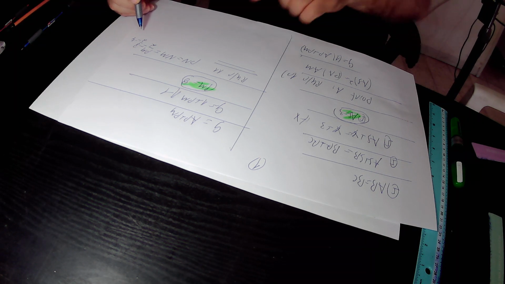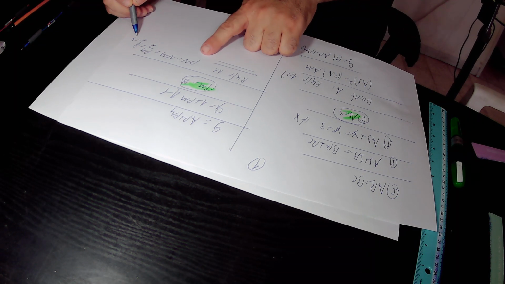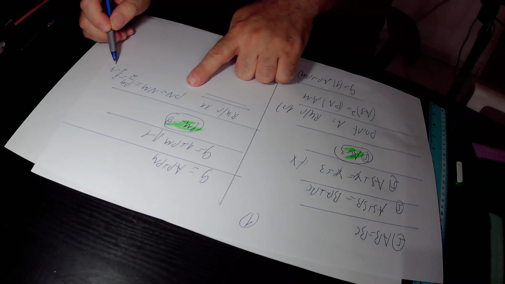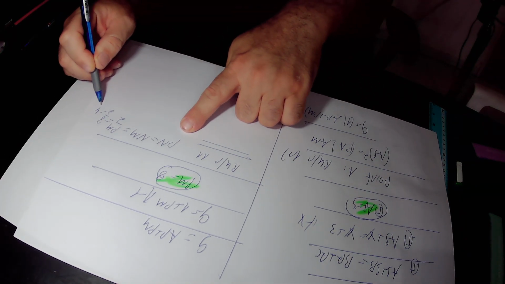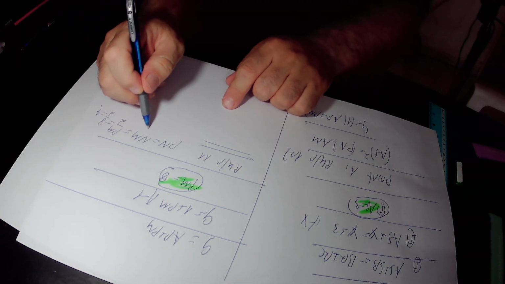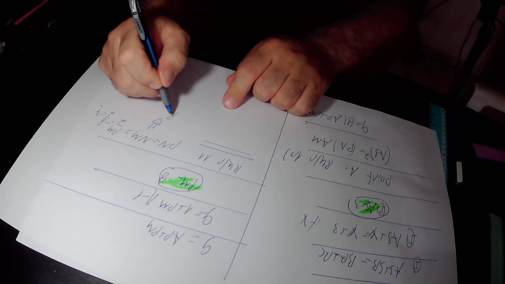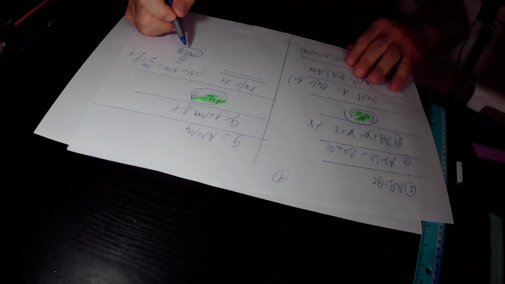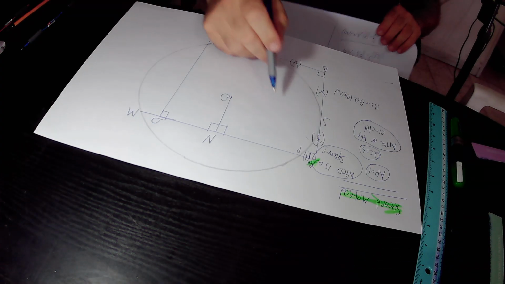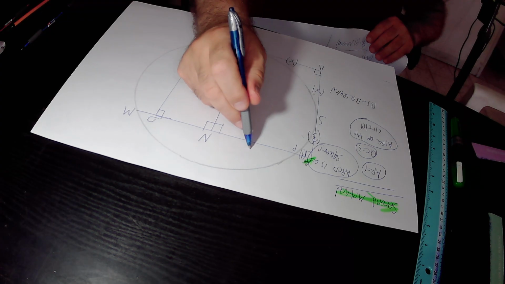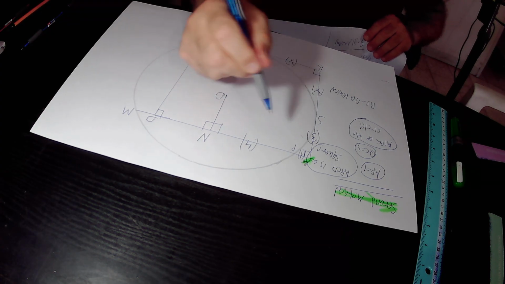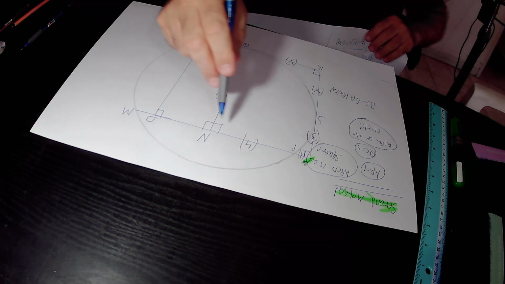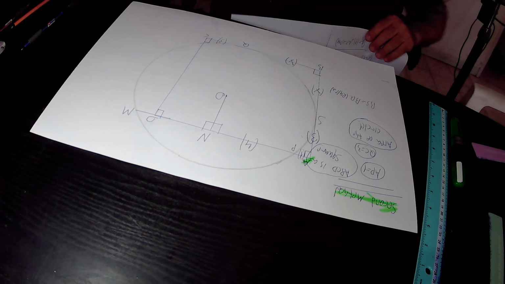So in total, we found out that PN equals 4. So this is line PN, that equals 4 units in its length. So in total, AN equals 1 plus 4, that is 5.